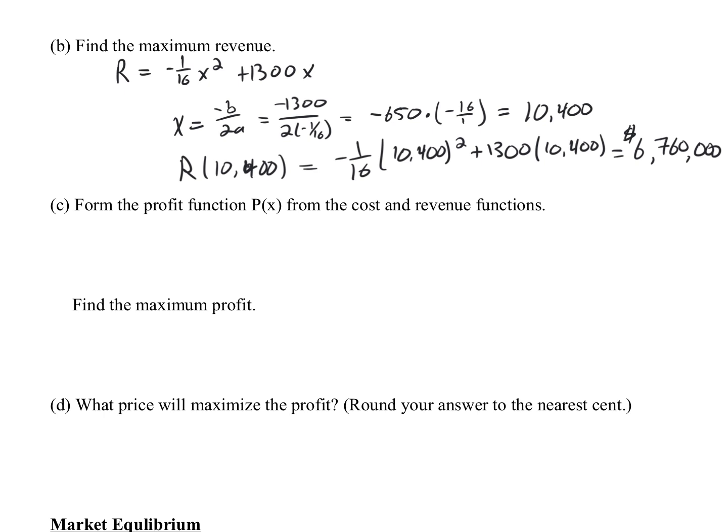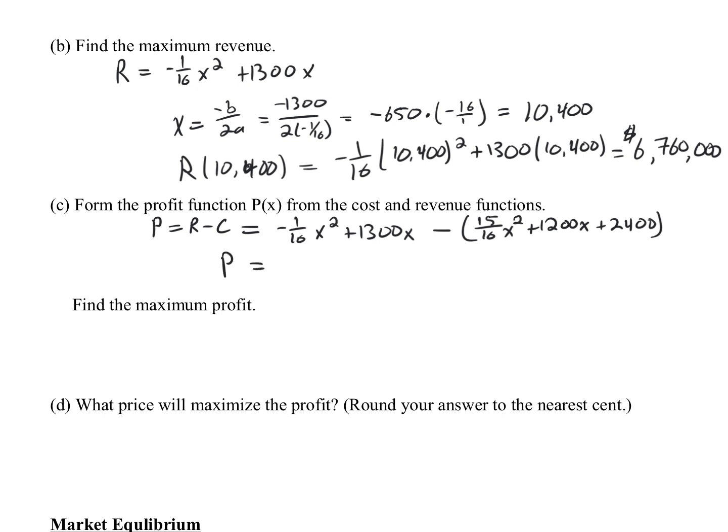But as we've seen previously, just because we have maximized revenue doesn't necessarily mean that we will have a maximum profit. So let's go ahead and form the profit function from the cost and revenue functions. To do this, we know that profit is equal to revenue minus cost. I'm going to go ahead and copy those from the previous page. All right, now we just need to combine some like terms.